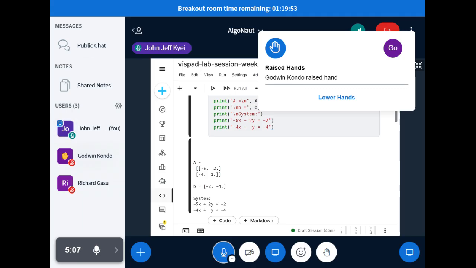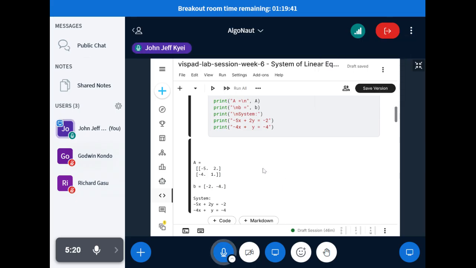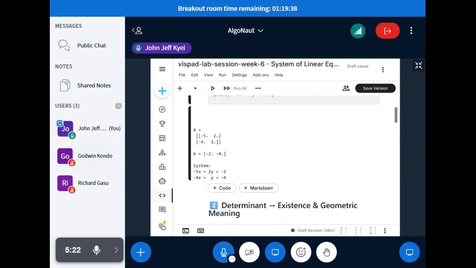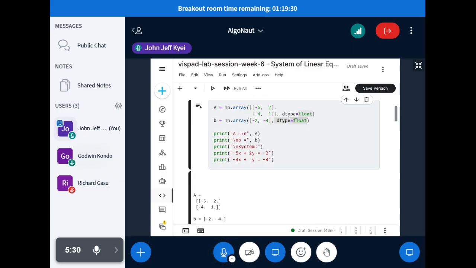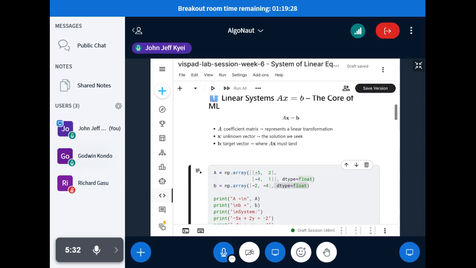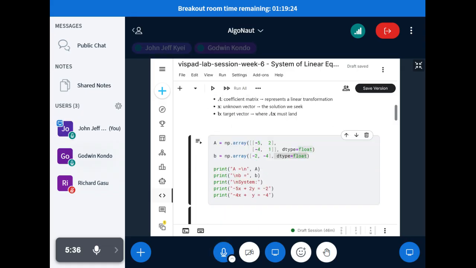Understanding this translation is important because we can have millions of equations and we use matrices to represent them in a very compact manner. So this is the equation that we come up with: 5x plus 2y equals -2, which is just the top row.